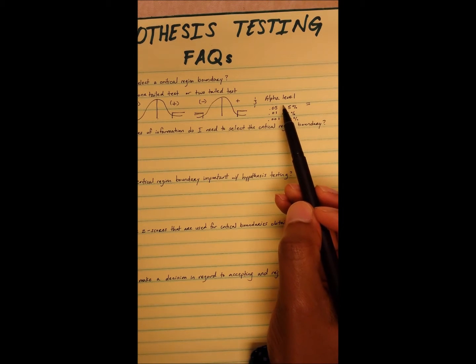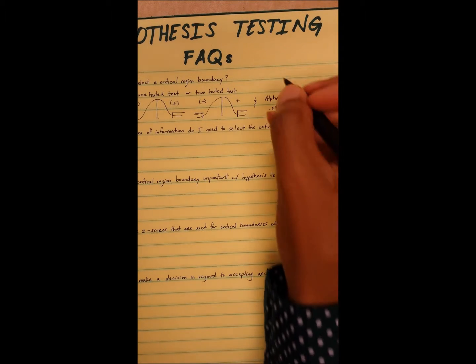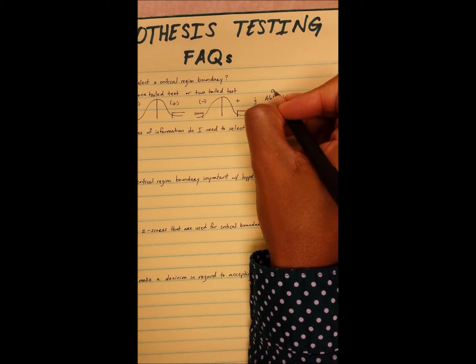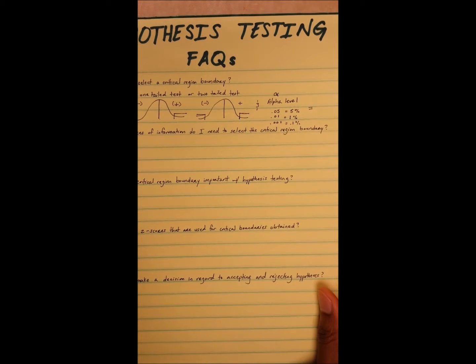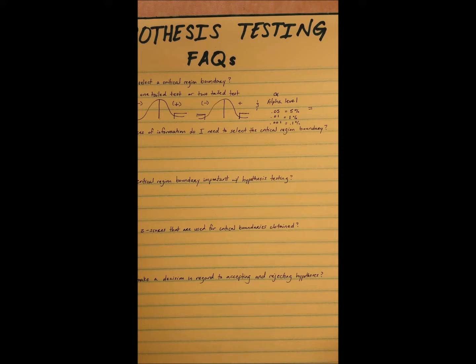You'll also need to know the alpha level. Now, keep in mind the alpha level, this little symbol here, that's what it represents. The alpha level is the amount of error that the researcher will allow in the study, and this will vary based on the impact and the practical implications that the results of the research study will have to everyday folks living everyday lives.